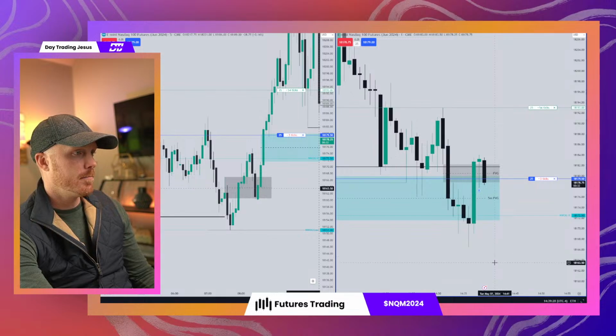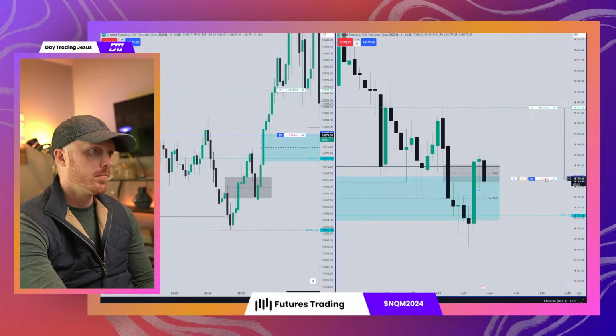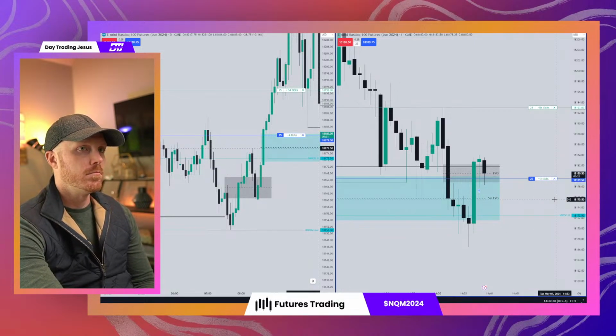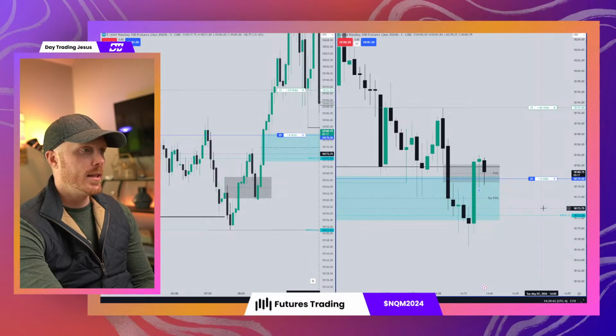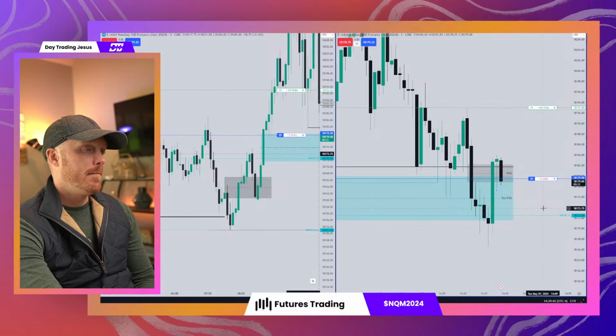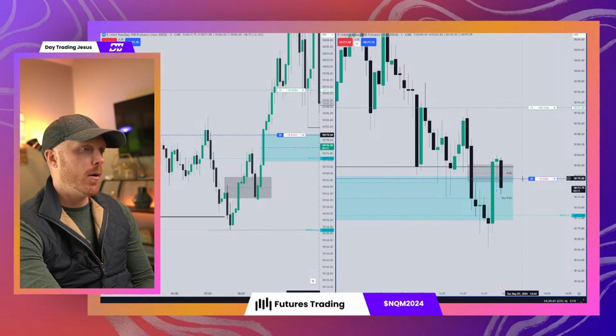Let's see what happens. A close below this means I would get out. There's 28 seconds left. But I like this. If I didn't have that trade before, I would be in this. All right, so we tap this fair value gap here.